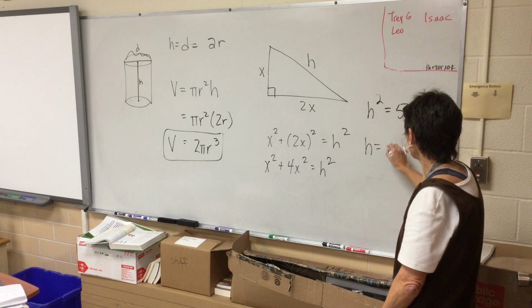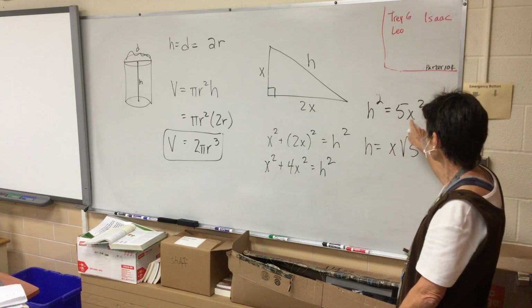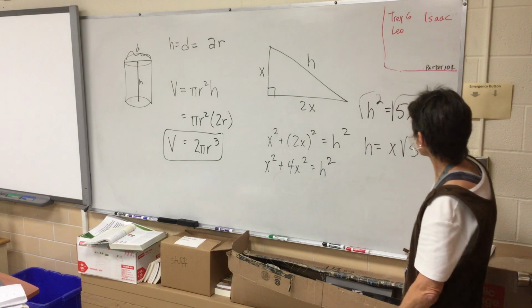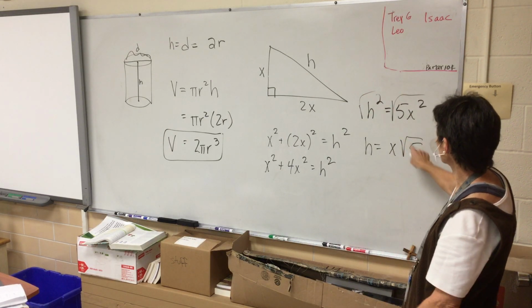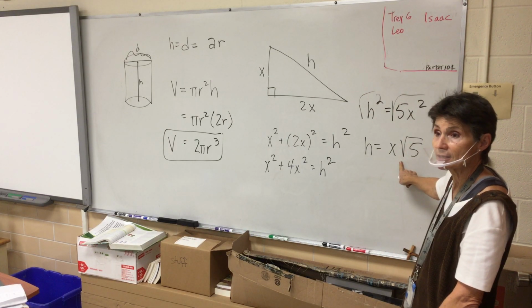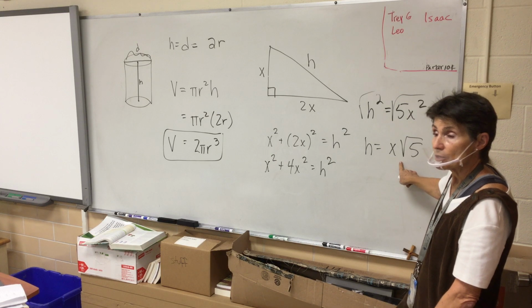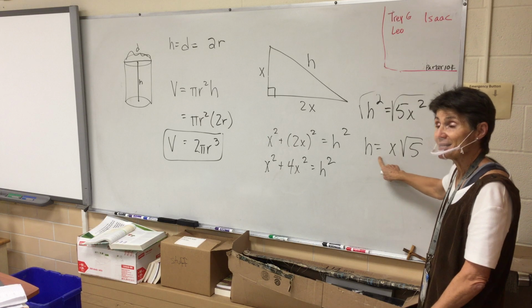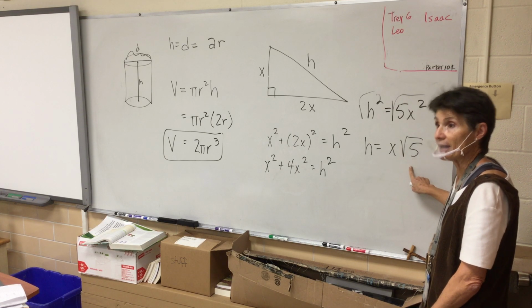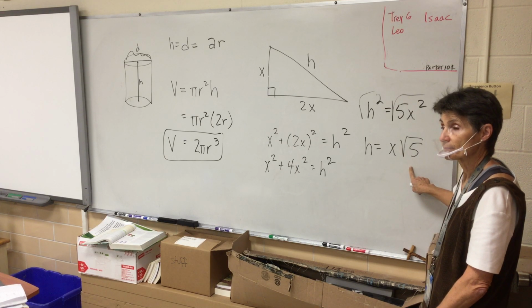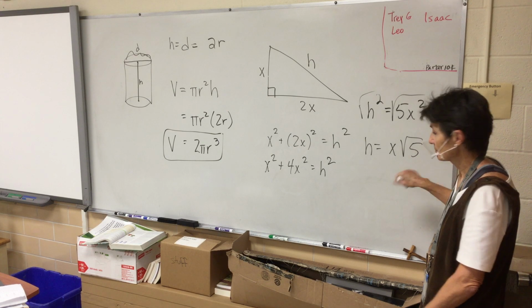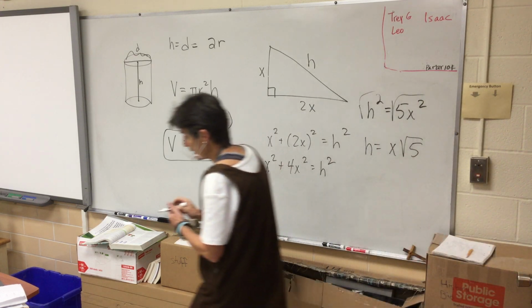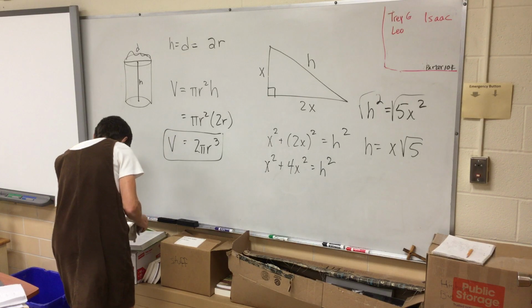So h equals x root 5. When I take the square root, square root of 5 can't do anything with, but the square root of x squared is x. So I have written the length of the hypotenuse in terms of x. That wasn't too bad. Let's see what's next.